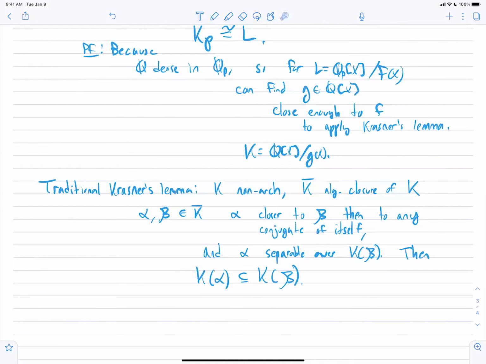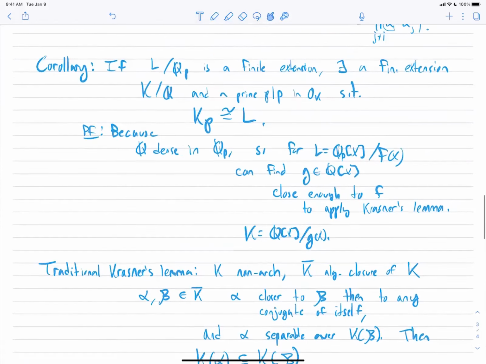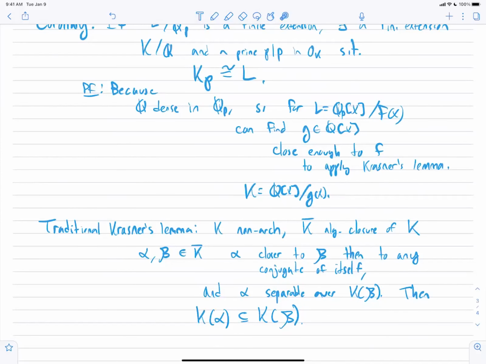Again, this isn't stated in terms of polynomials like the other one, but the polynomial is hidden in the sentence: alpha is closer to beta than to any conjugate, any root of its minimal polynomial. And then you're saying something about one field being contained in another. If you think a little bit, you can upgrade the statement to the previous version.